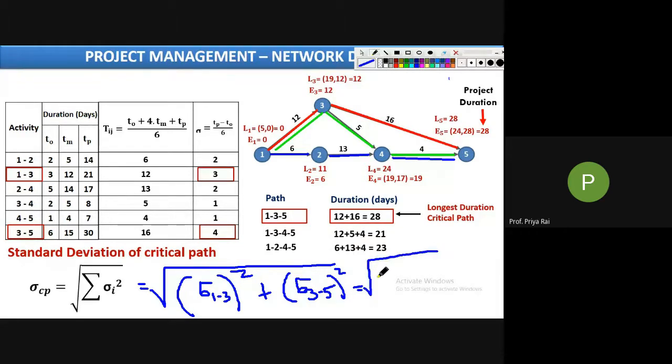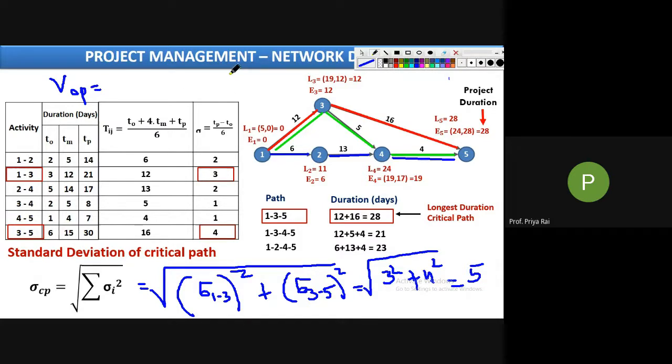Sigma 1 3 is 3, so 3 squared, plus sigma 3 5 is 4, so 4 squared. The answer is root 25, which is 5. So sigma CP is 5. And if they ask you what is the variance of the critical path, what will it be?